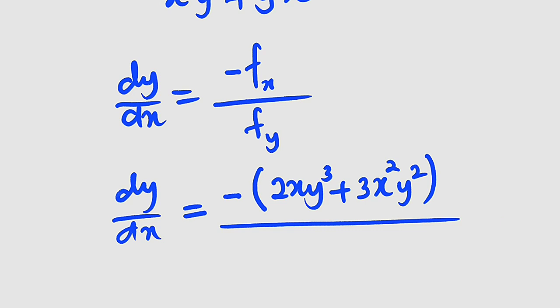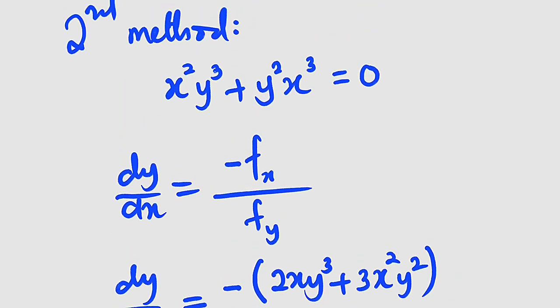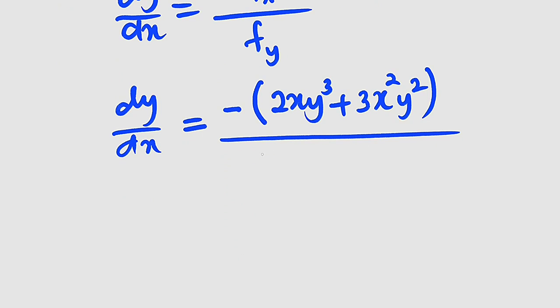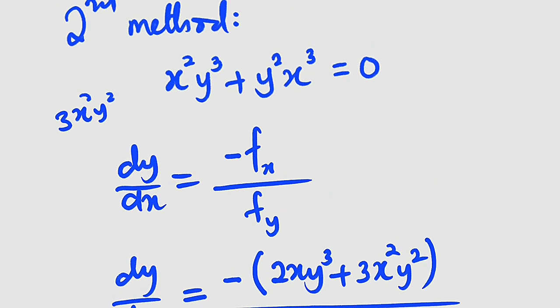Then you divide by, this time around, we are going to differentiate with respect to y alone. So we are going to differentiate this. y cubed will be 3y squared times x squared. That is 3x squared y squared, right? Then you move to the next one, differentiate this again.